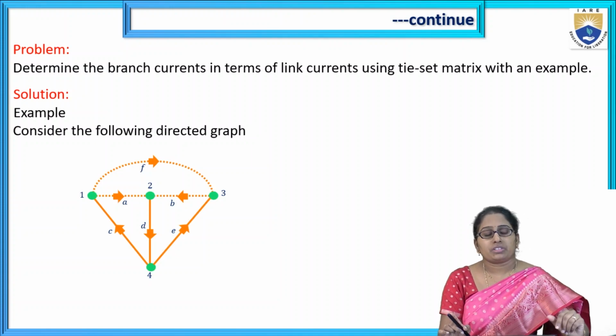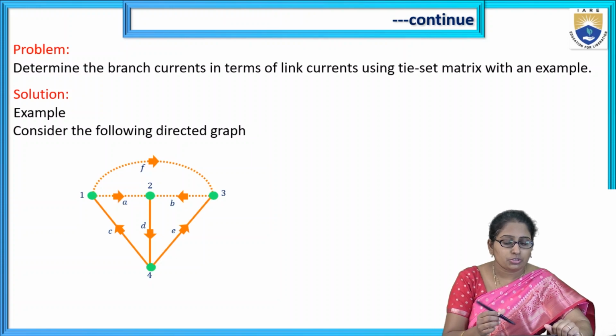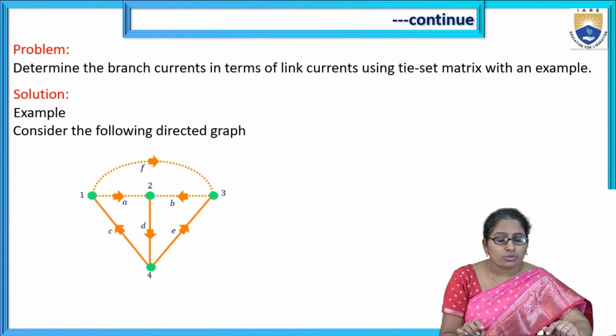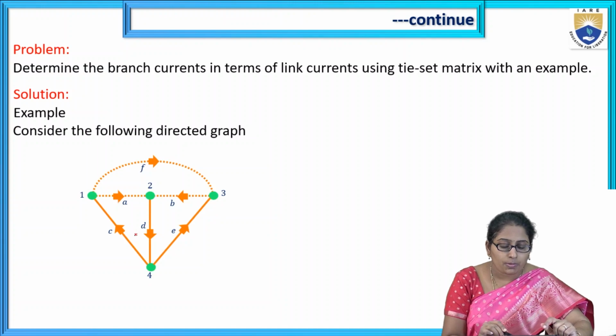Branch currents. So, coming to the solution, consider the following directed graph. This is a graph I have considered. Directly I am showing it with a selected tree. Actually, I have taken a similar graph from the previous similar problem.